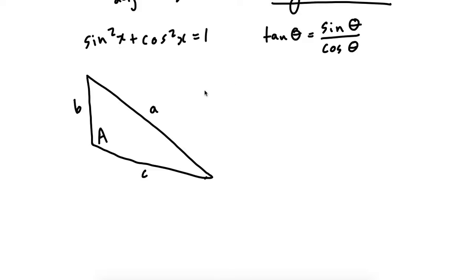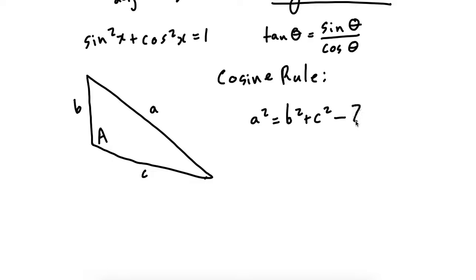What I can do is the cosine rule, which starts out similarly, a squared equals b squared plus c squared, but then it goes minus 2bc cos a.